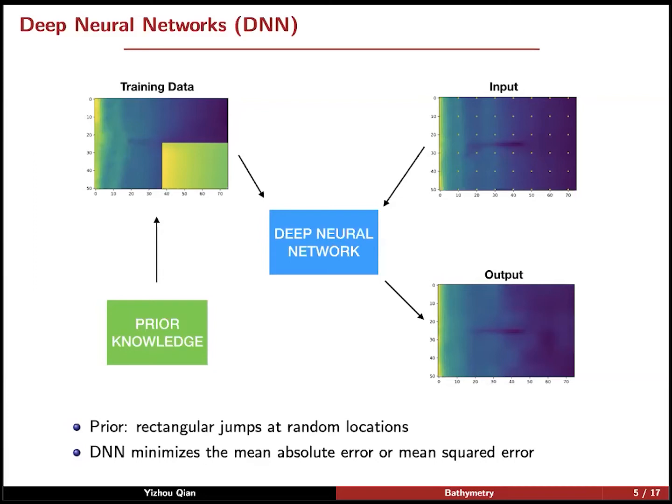And the second thing is that our deep neural network can minimize the mean square error or the mean absolute error. When the deep neural network minimizes the mean absolute error, it has a higher allowance for error for solutions with sharp boundaries, because usually this will give us a better solution in terms of smaller mean absolute error.